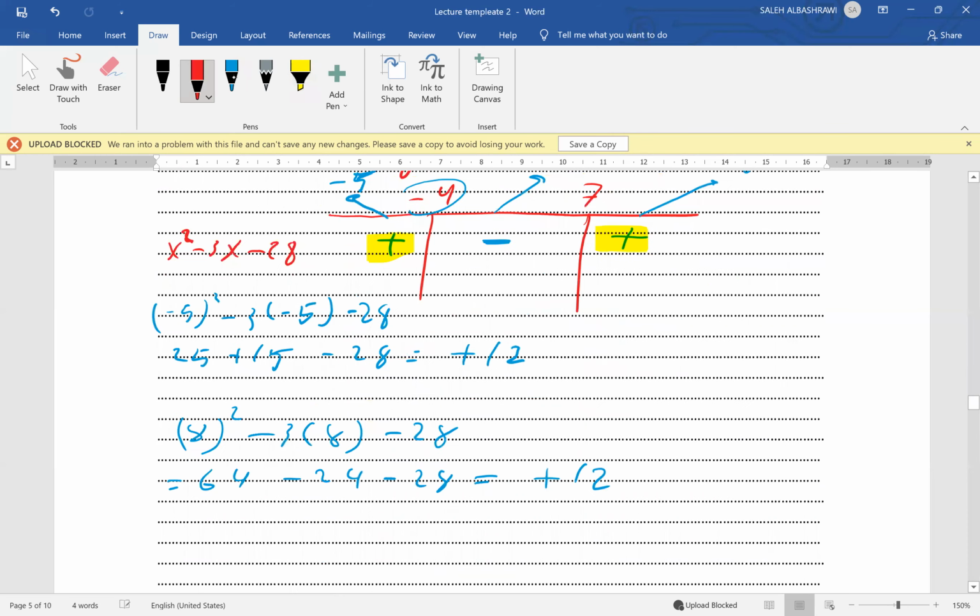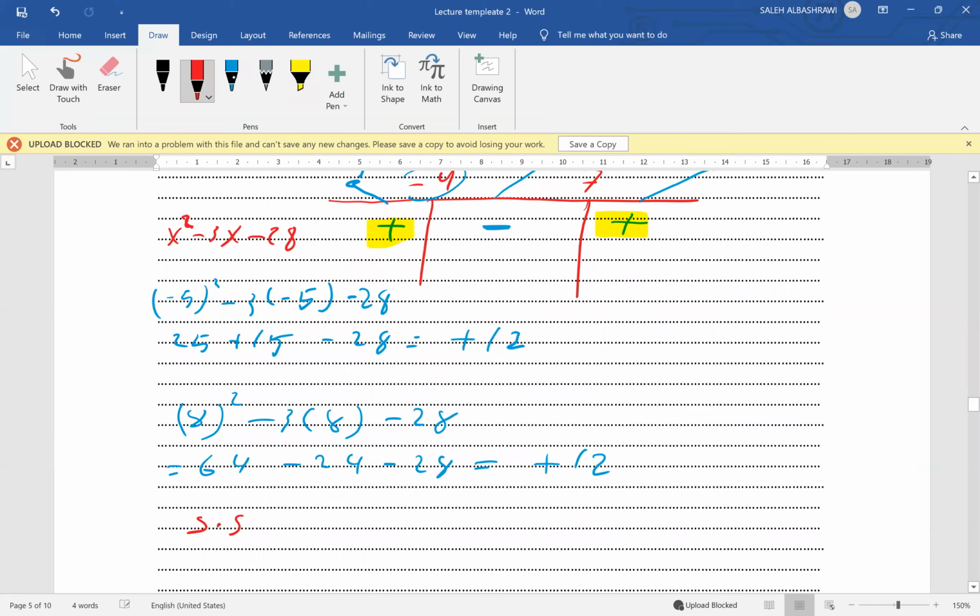So we can say the solution set is equal to, from the first interval, this one.